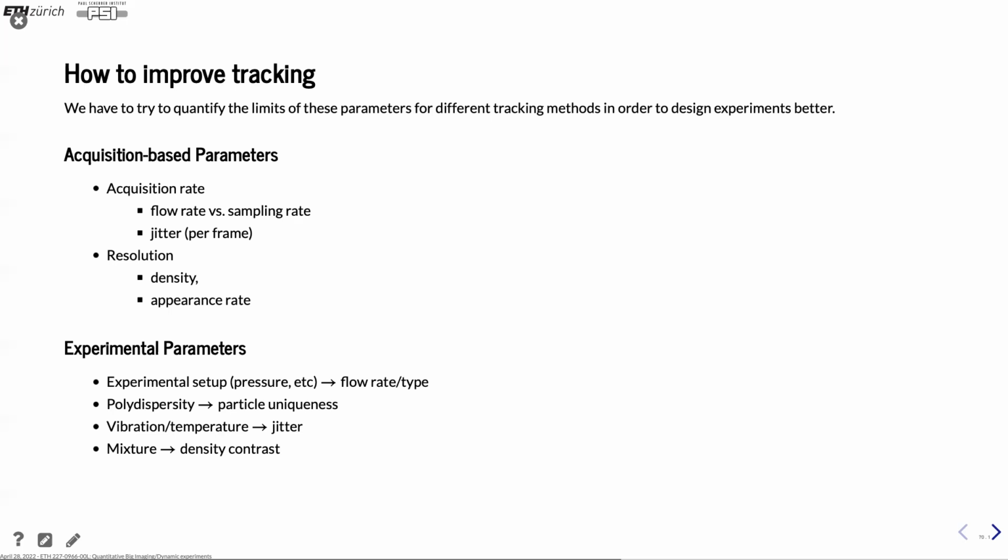And of course, the mixture of the objects can also have an effect on how well you can track them. So a lot goes back to the experimental part, how you can optimize your experiment while still keeping it making sense for your investigation, because otherwise you make something that is more hypothetical because it's not looking like what you really want to know.